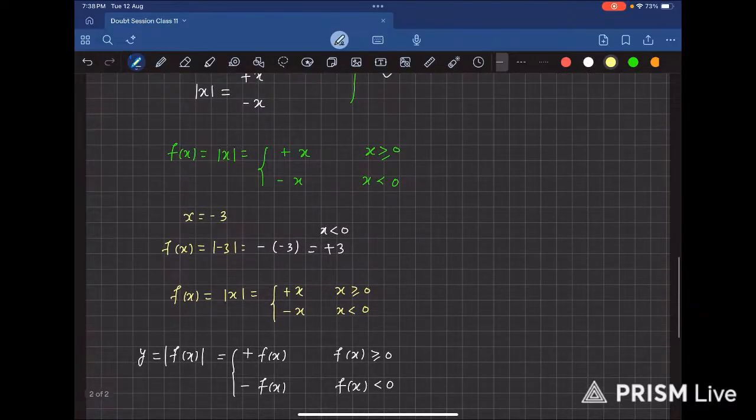You can write y what? Y greater than or equal to, I am unable to see your chat. Just write one more line, anyone please.